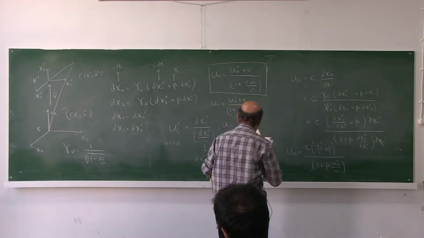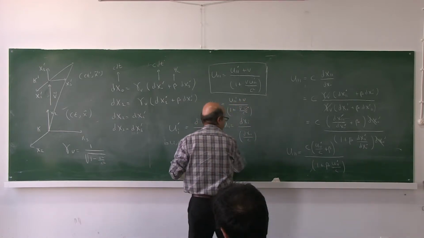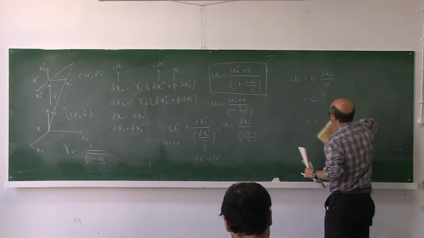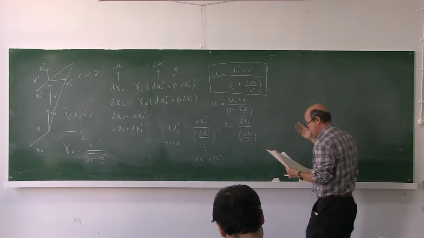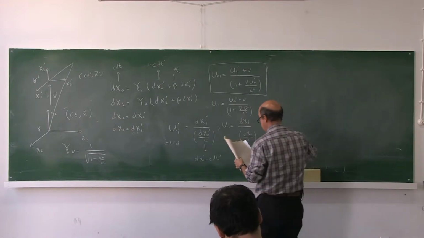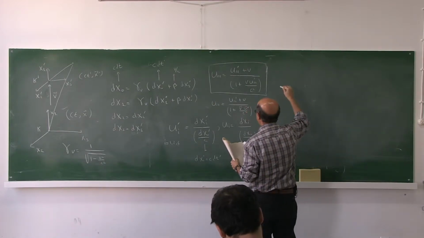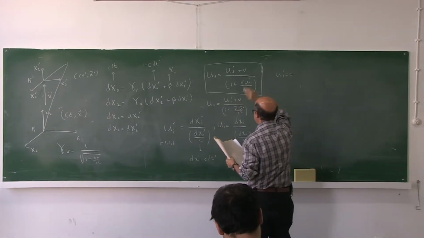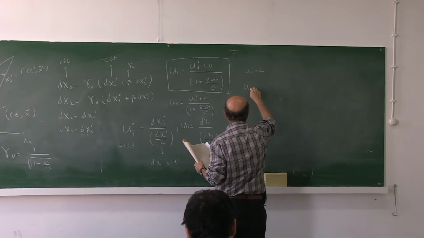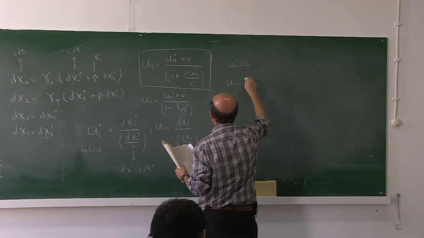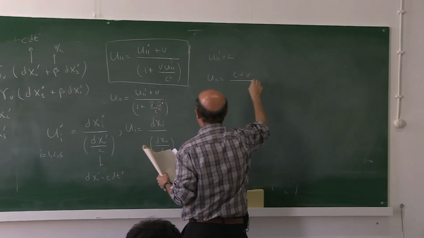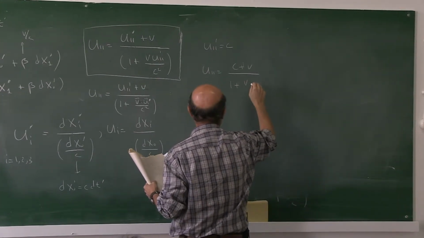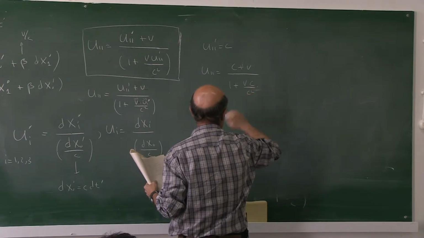So in the extreme case, if you let u prime be c, then you will find that u is c plus v over 1 plus v c over c square.